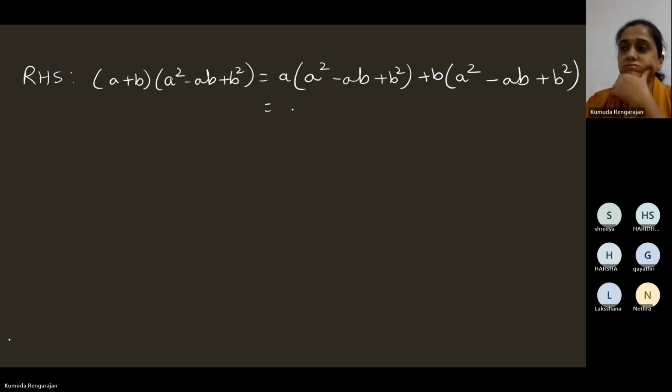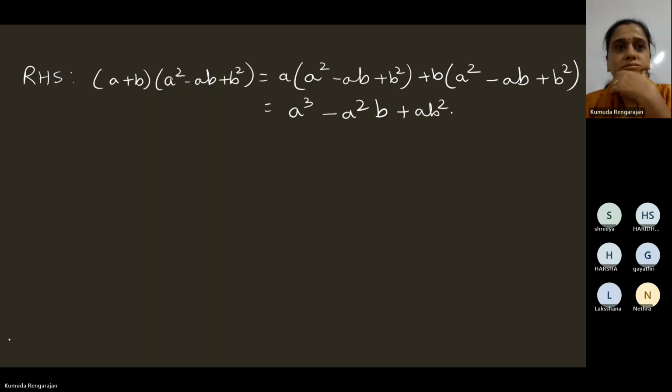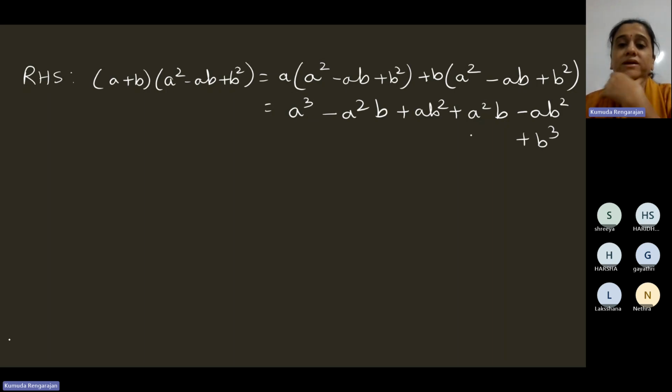Next. Continue, fast. Don't waste time. Plus b cube. Very good. Minus a squared b plus a squared b, 0. Plus ab square minus ab square, 0. Plus ab square minus ab square, 0.